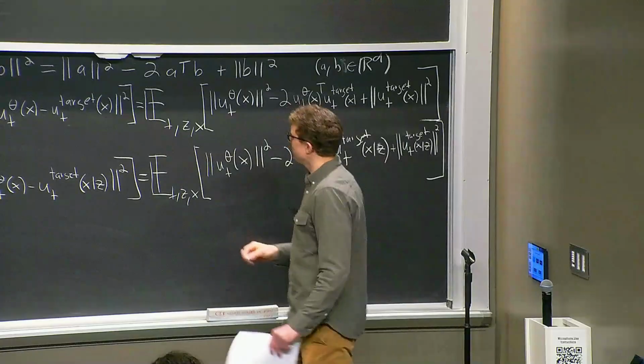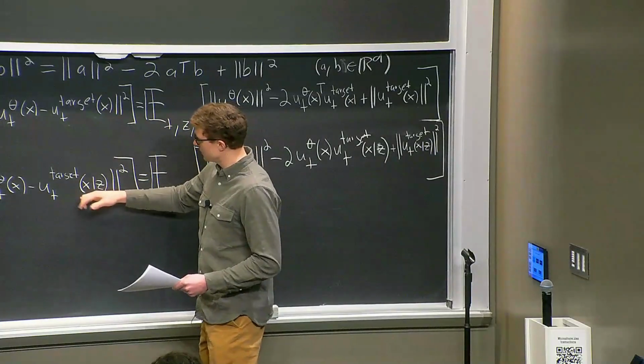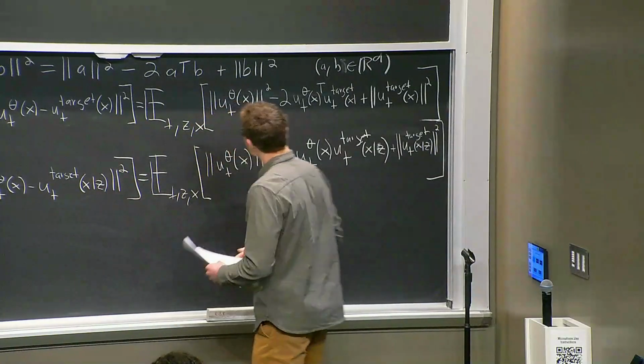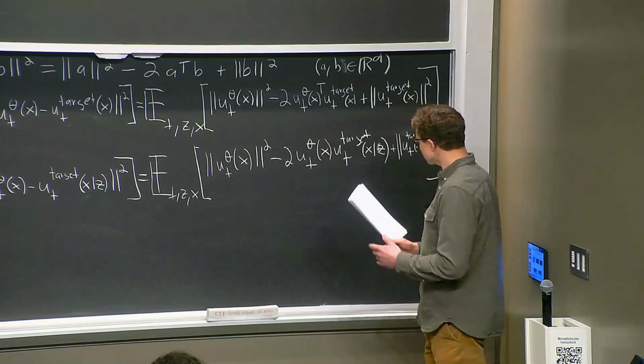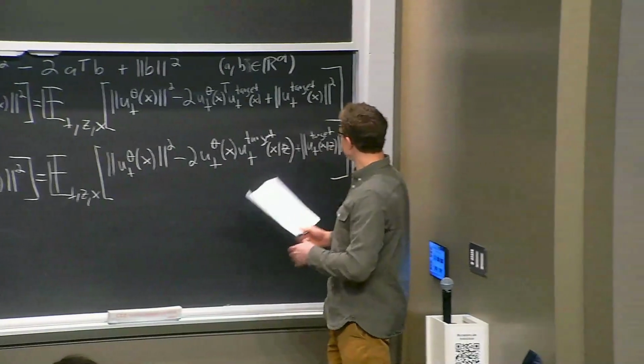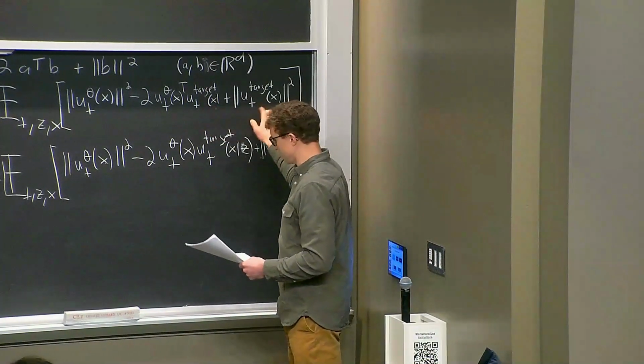Okay, so I applied the same formula twice. These two objects are basically the same up to this conditional vector field. I've applied this top formula here and here. The only difference you see is that here we have the conditional vector field, and here we have the marginal vector field.